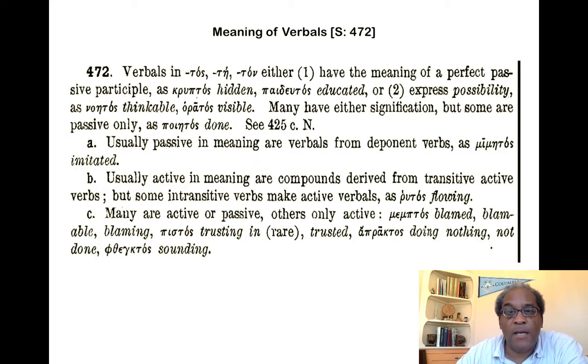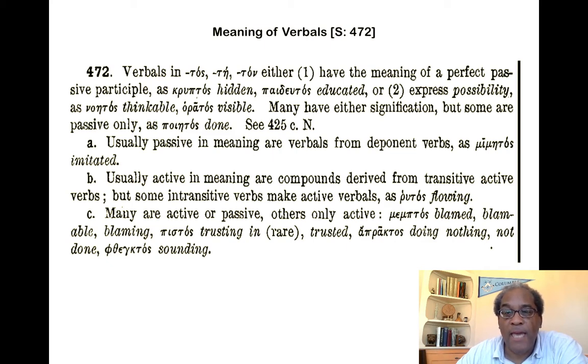Now, what is the meaning of these verbals? So verbals in -tos, -te, -ton, either one, have the meaning of a perfect passive participle, as kruptos, hidden, or paideutos, educated, or two, they express possibility, as in noetos, thinkable, or horatos, visible.